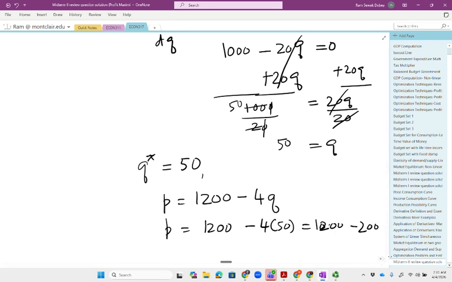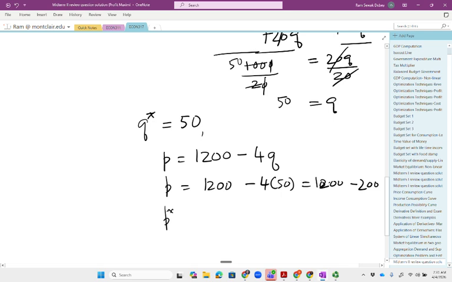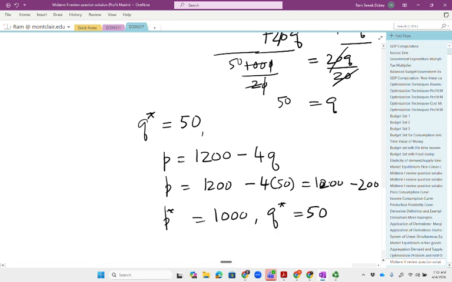So I obtain now the P star is 1000. So now I've got price P star 1000, quantity Q star 50, and so this is the outcome which will maximize the profit.